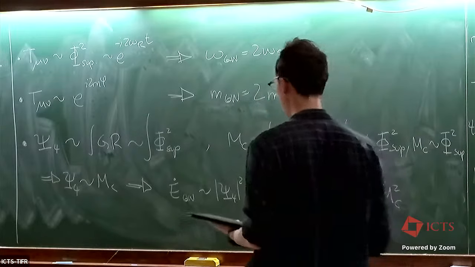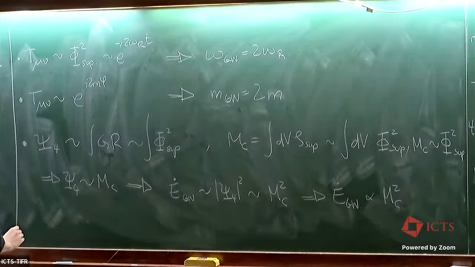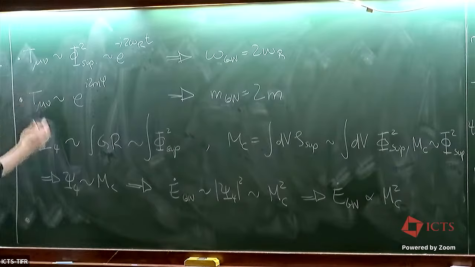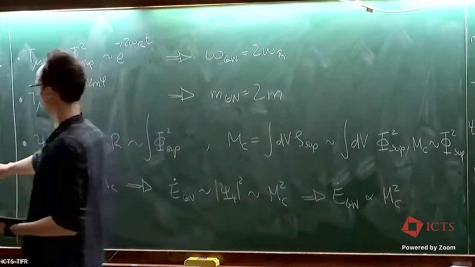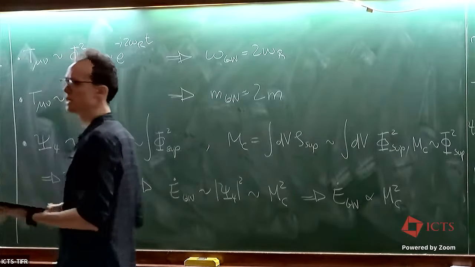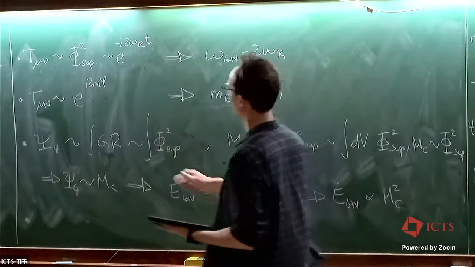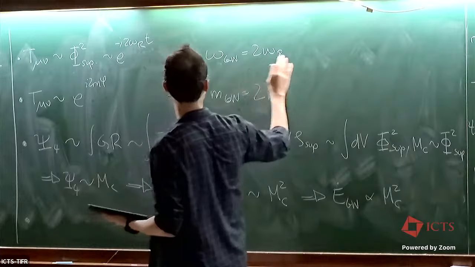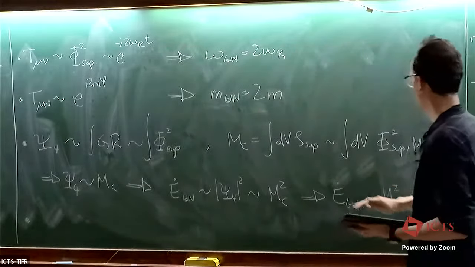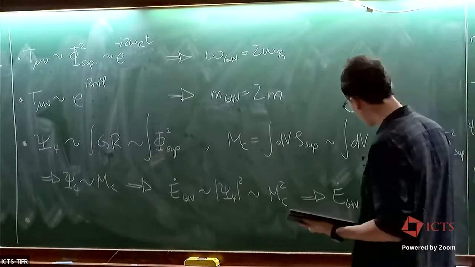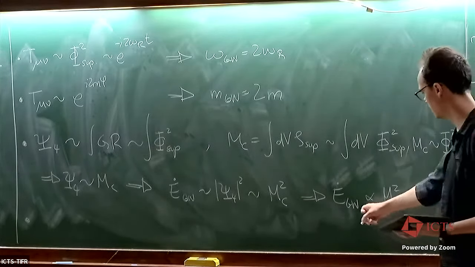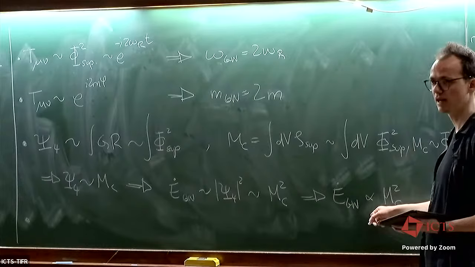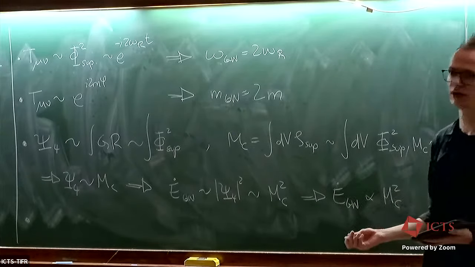And the last thing I'm going to tell you today is, so this we can all get without even doing this integration. We just looked at basic scaling relations. We compared the powers of the superradiance cloud and then got these things. But to actually get not just the proportionality here, but to understand what the function is up front and the numerical value, we then actually need to do the integration.